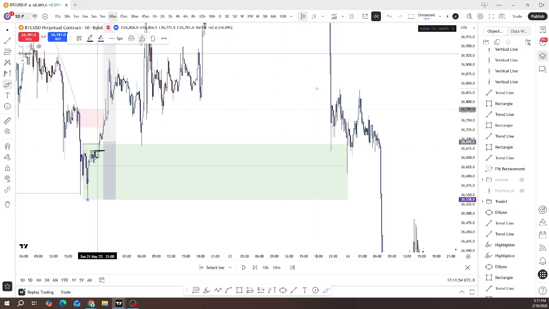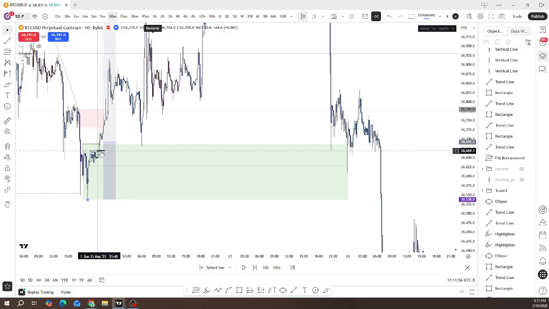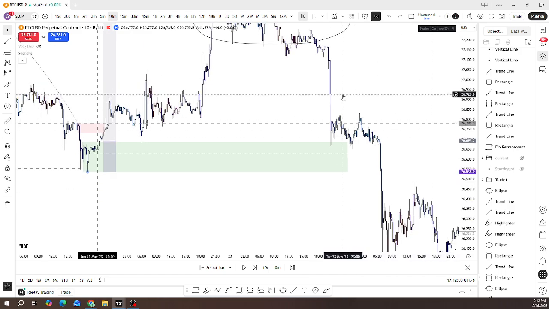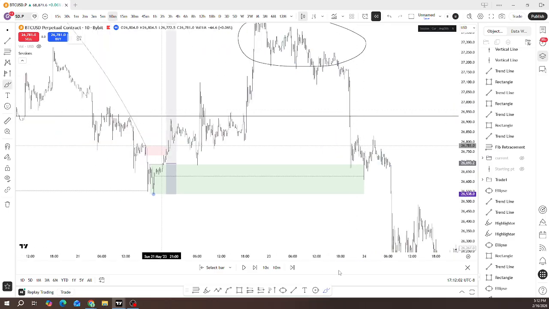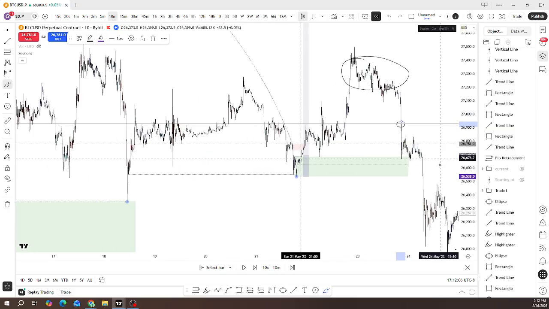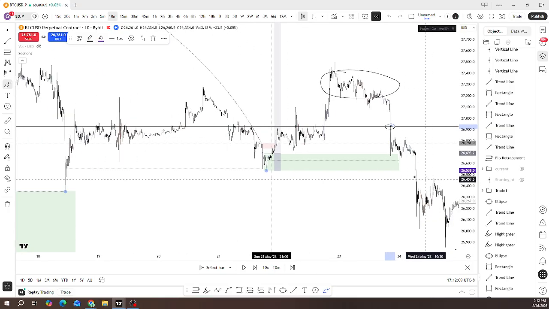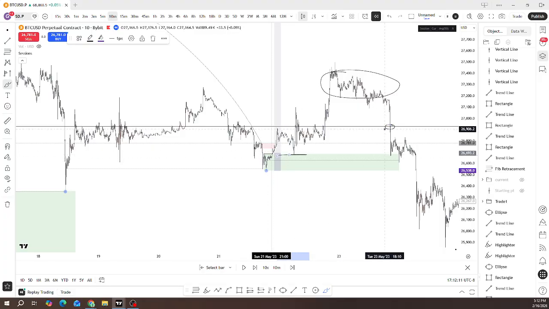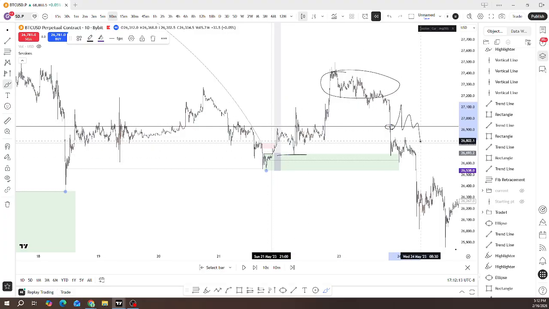It's just the way that we came for that POI, it does not look good. So when you come all the way down and you close like this, price is looking like it's failing the model. And you preferably don't want to see price lose that, but I guess it always could.